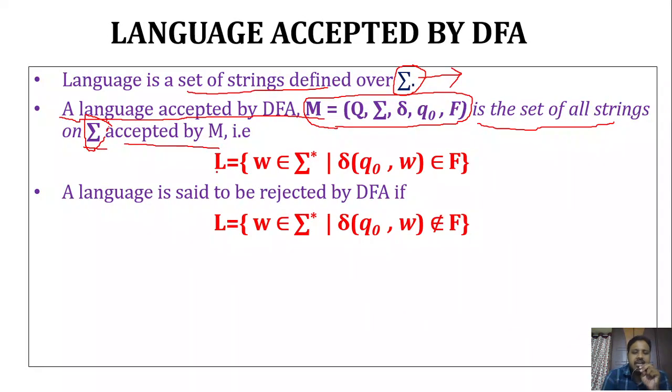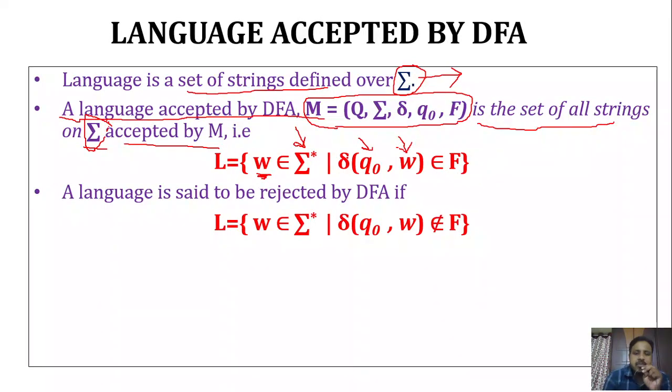And what does it consist of? L = {w ∈ Σ* | δ(q0, w) ∈ F}. Here w, a word, is nothing but a string. So the set of all words belonging to sigma star, that means whatever words you can generate from sigma star, such that when you perform the transition from q0 on w, you are able to get a final state.